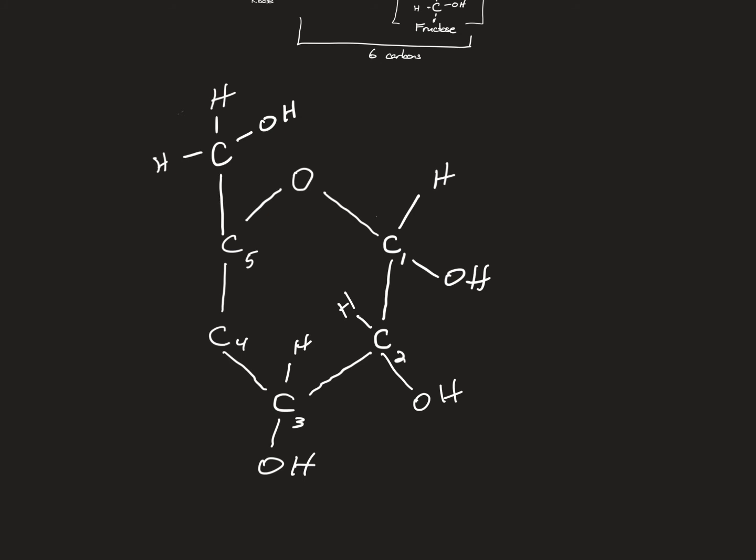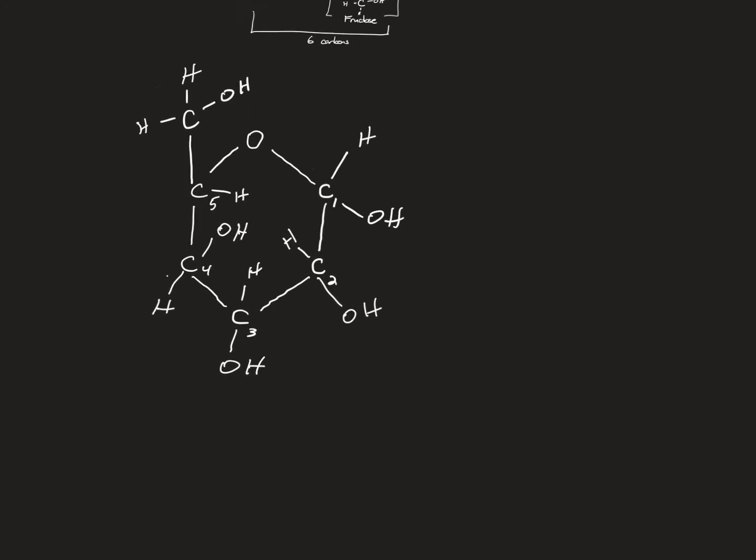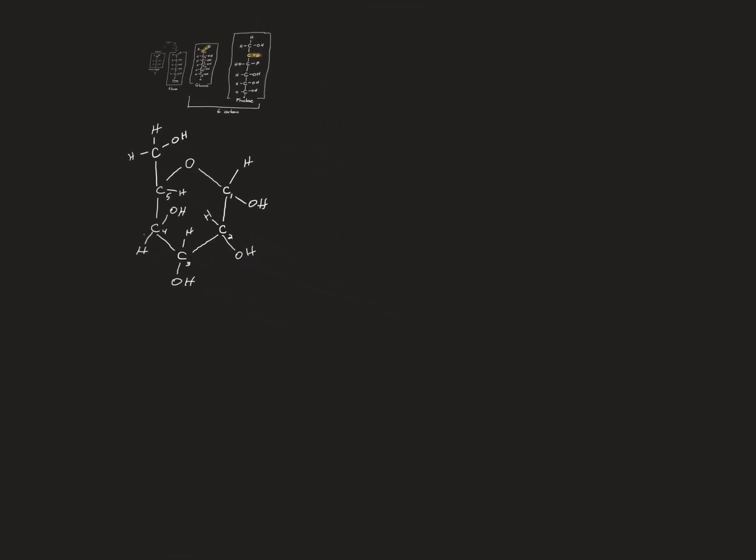Often, as we move along, we'll kind of drop all these details, but you're expected to know, and then the exam and the various AP exams are going to expect that you understand, when you look at any drawing of glucose, that all these carbons, all these hydrogens, all these oxygens are present in these molecules, these carbohydrates.